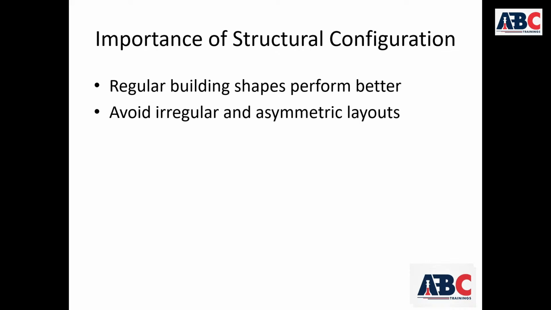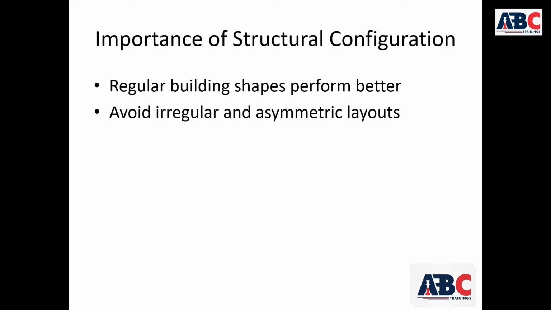But if the building is irregularly shaped, forces become unevenly distributed, the building twists, and torsion occurs. Some columns experience more load than others, and failures may occur at the weaker connections.